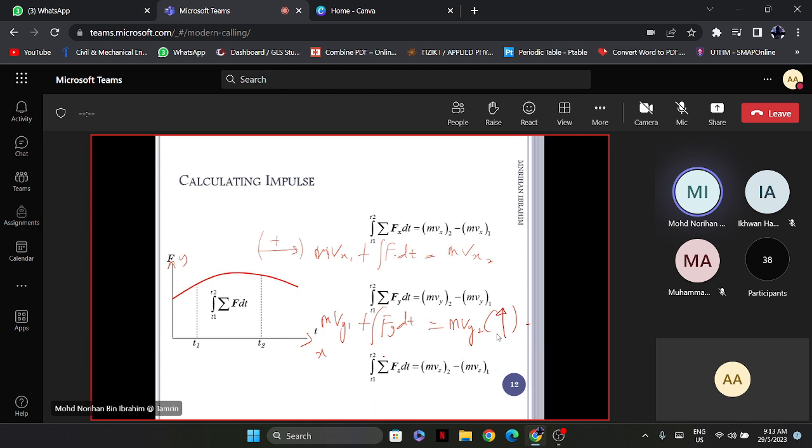If we consider the z direction, 3 degrees of freedom for example, then we can use this equation: the sum of the integral of F dt is equal to m vz2 minus m vz1. Quite simple as well, the principle of impulse and momentum.